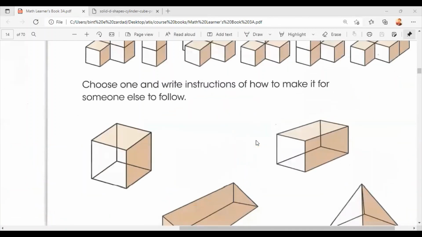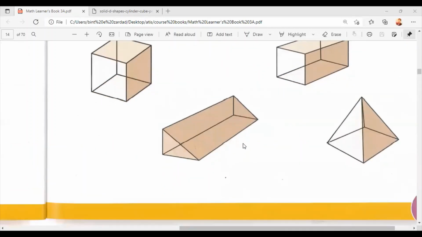And like this, this is a triangular prism. Let's check how many corners here. One, two, three here and three here, six corners. So there are six corners. And what about edges or sides? How many sides here?